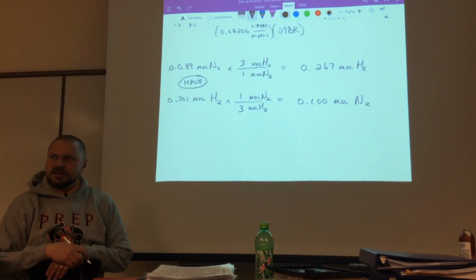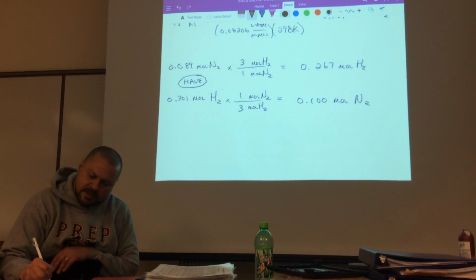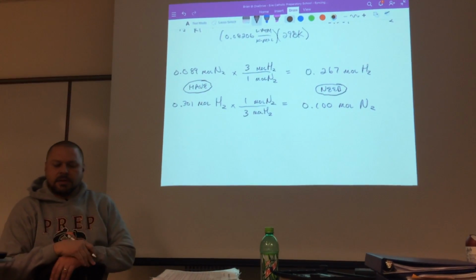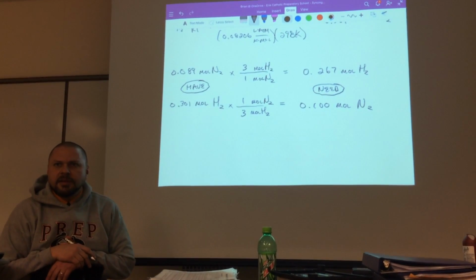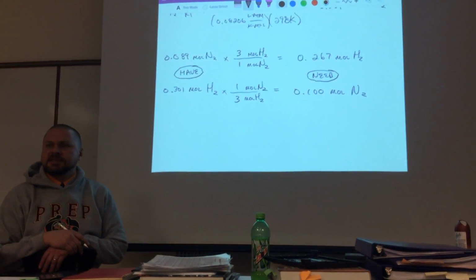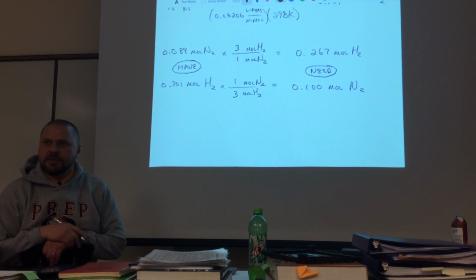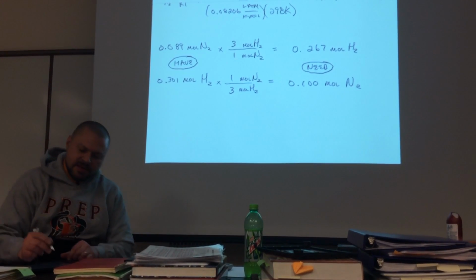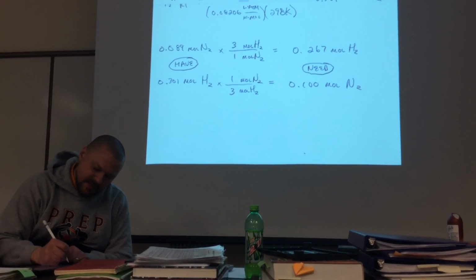And what do I label those as? Need. And if you recall, you're limited when you have less than you need, right? So where do I have less than I need? N2, yep. So right up here, this guy is my limit.